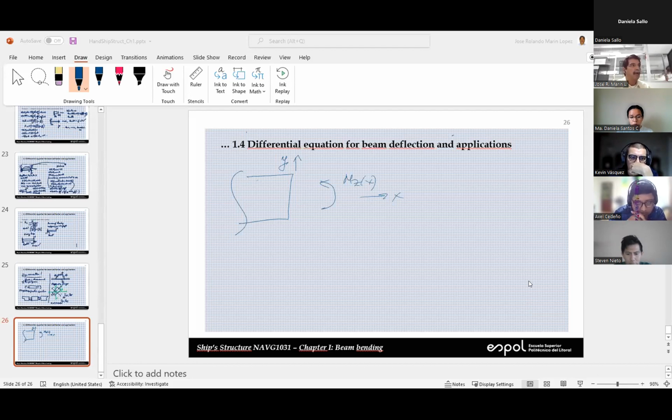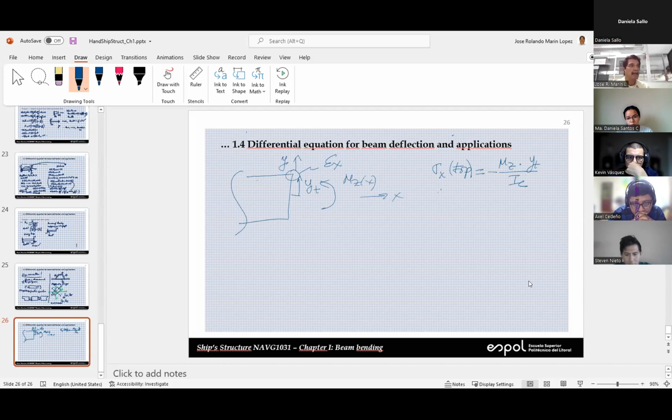Okay, now, according to this, we have a certain value of strain up here. Simply say this is a strain that results from this application. Now here, we have a certain value of y, so let's call it y at the top. So sigma x at the top is going to be equal to minus the bending moment Mz times y at the top divided by I sub c.